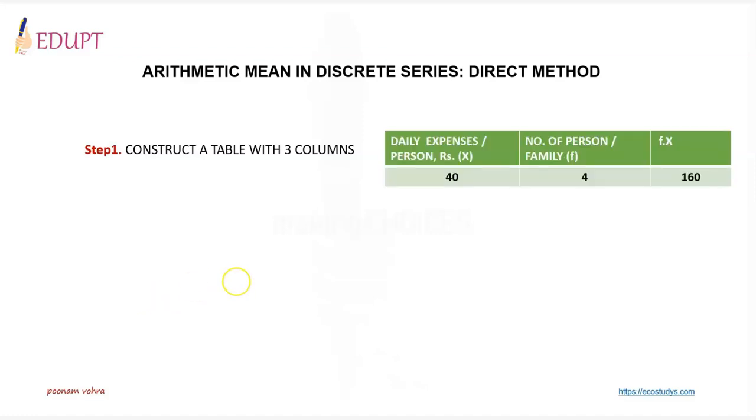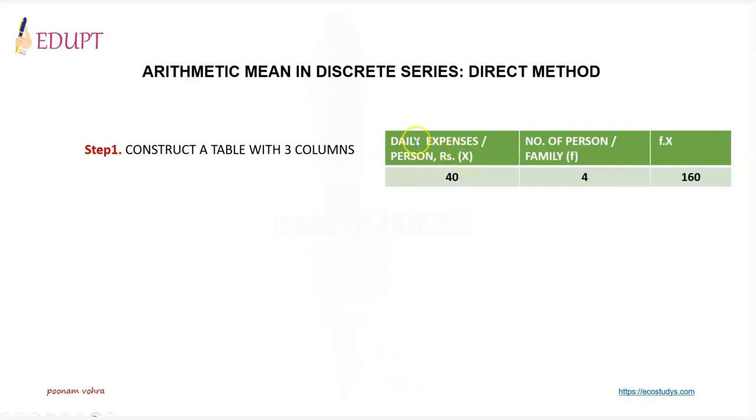Now let us understand how arithmetic mean is calculated by direct method in the discrete series. Let's begin with its steps first. Step 1 is to construct a table with 3 columns. As is shown here, column 1 is X, that is the values of the variable.